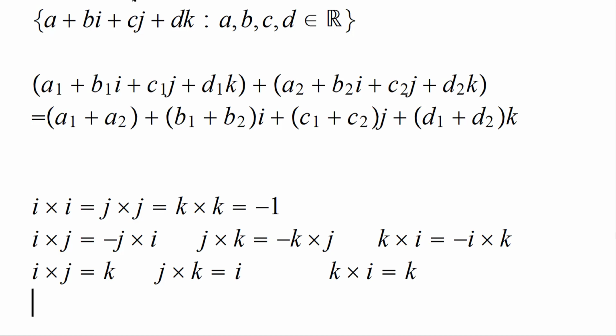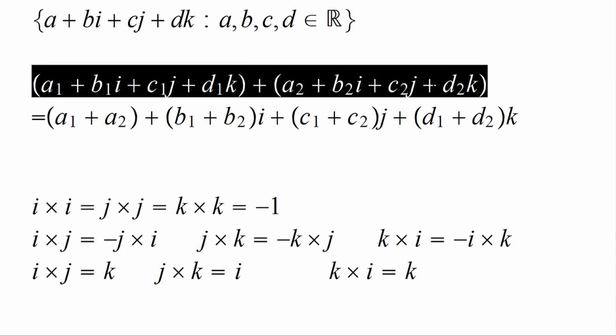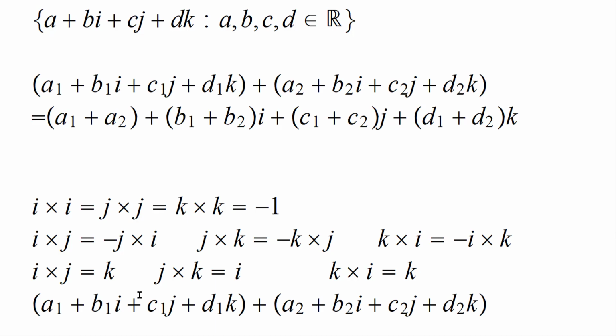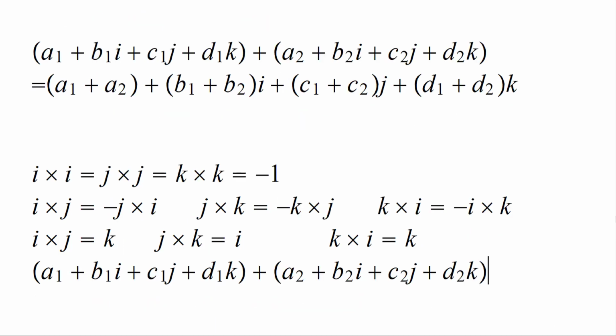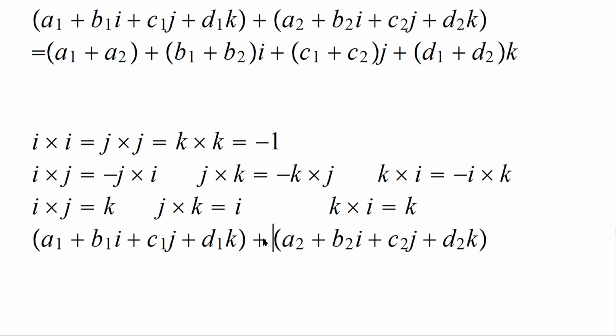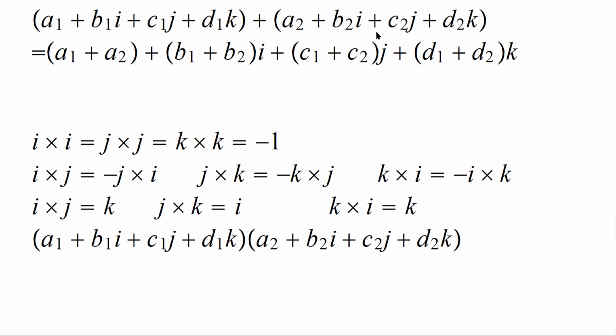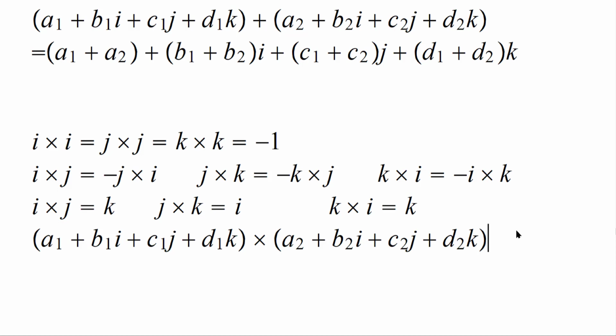So applying this to this product, we can just distribute, using the property that this type of multiplication distributes over addition. We are not proving that here formally. We can just go ahead and distribute it over.